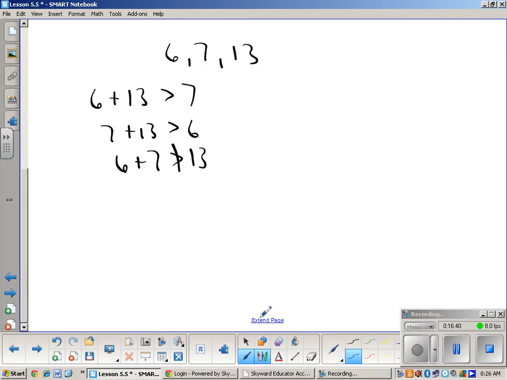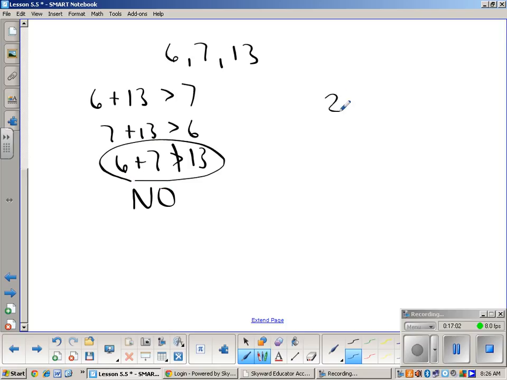That will not make a triangle, so the answer is no. Now, do I have to test all three options? No, all I really need to know is one thing: do the two smallest sides add up to be more than the biggest side? That's all that really matters, right? And so all I really had to test was this one here.